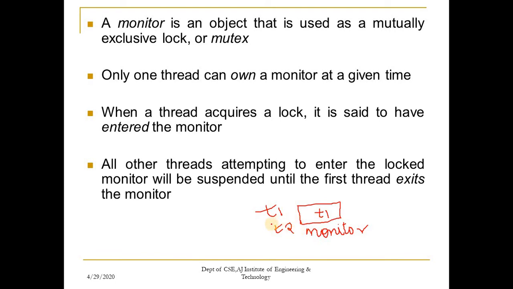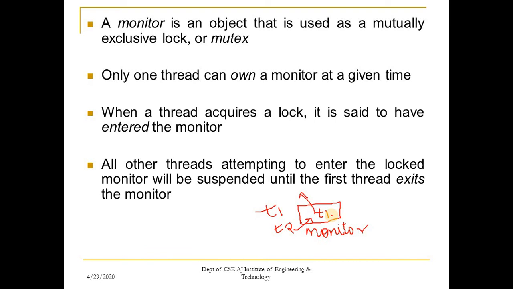Now since thread 2 is also waiting for the monitor, it cannot enter the monitor because thread 1 is already inside the monitor. Thread 2 has to wait until thread 1 comes out of the monitor. Only after thread 1 comes out can thread 2 enter the monitor. Only one thread can enter a monitor at a given time.